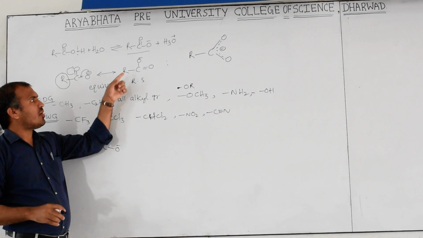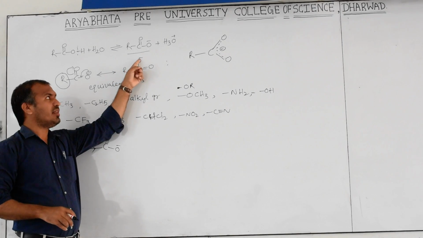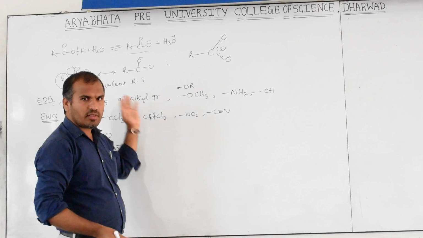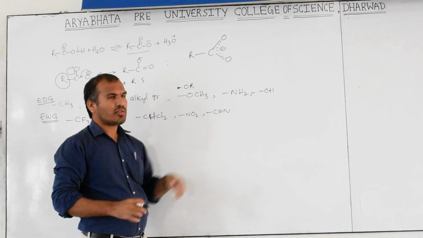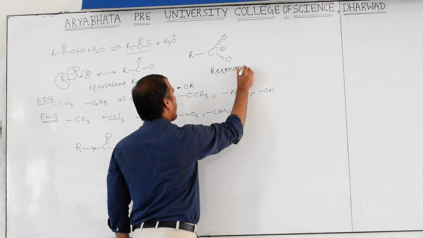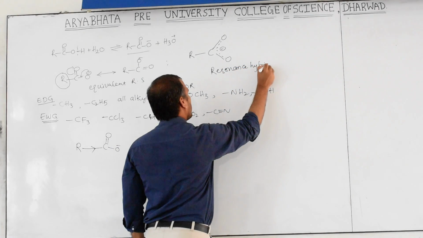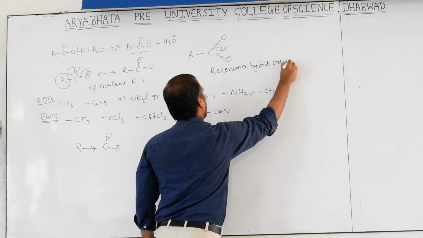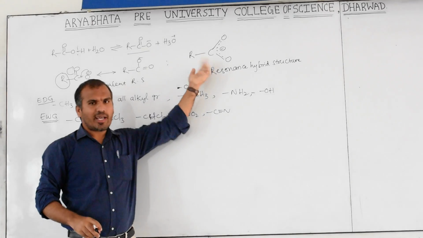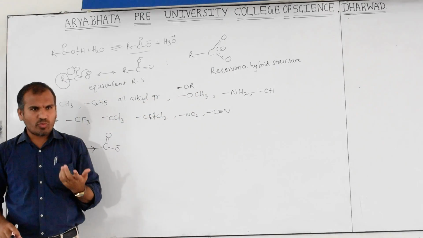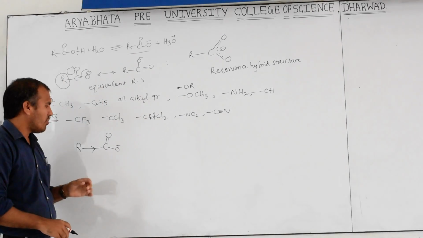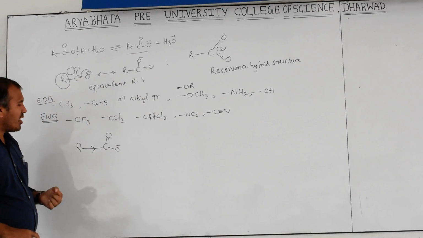This negative charge on the oxygen may be on this oxygen or this oxygen; it changes instantaneously. That's why it is represented like this. Generally, these are called resonance structures, and this is the resonance hybrid structure. The resonance hybrid structure is more stable than the remaining resonance structures. That is very important to decide some chemical properties.